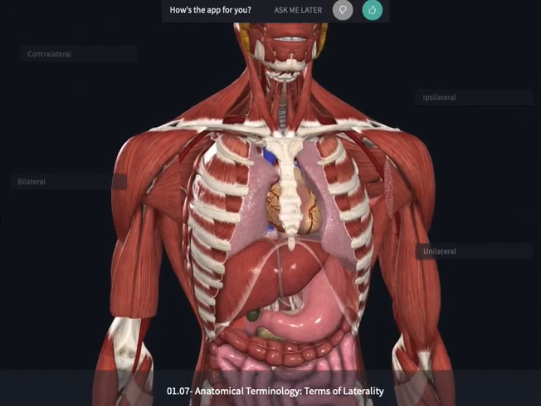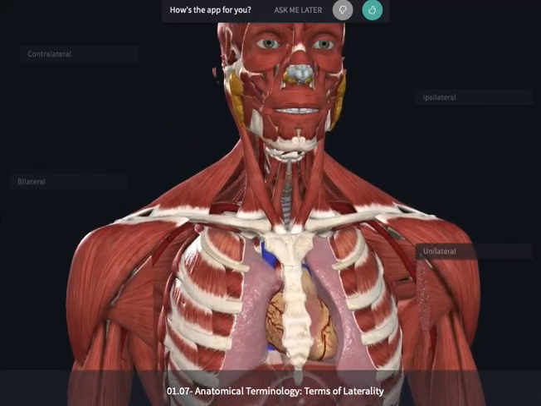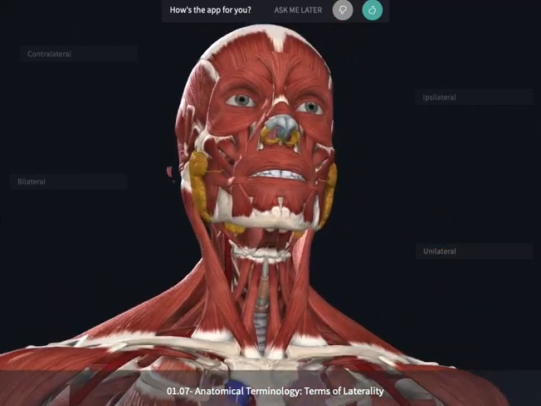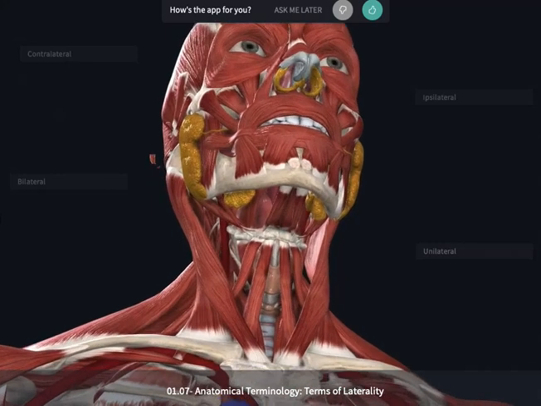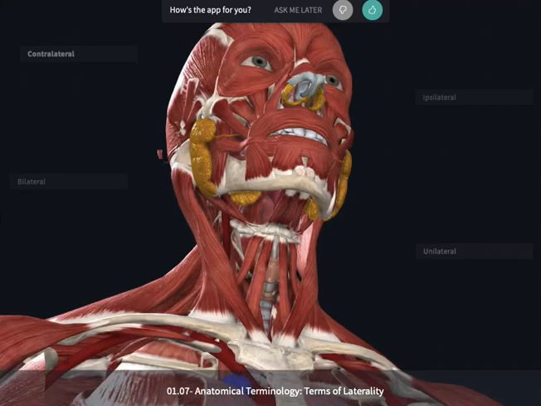Now, if I were to describe structures as being different structures on opposite sides of the body, I would describe them as being contralateral to one another. For example, my salivary glands, I would have a right parotid gland on my right cheek, and under my jaw, a contralaterally located left submandibular gland.